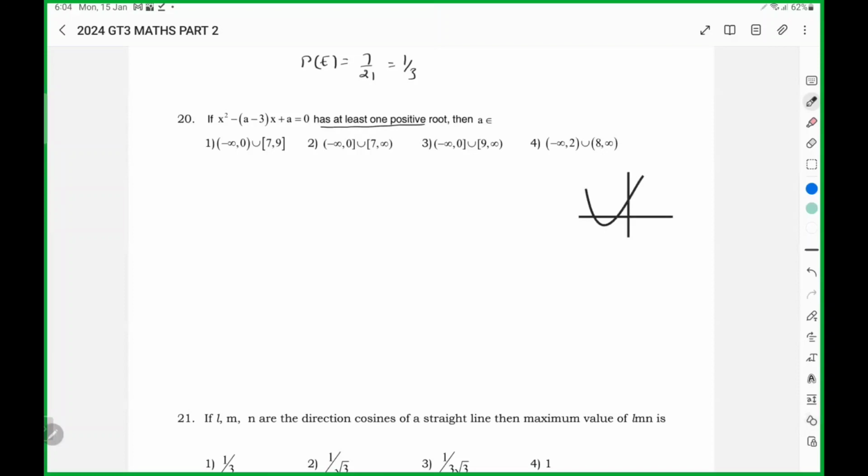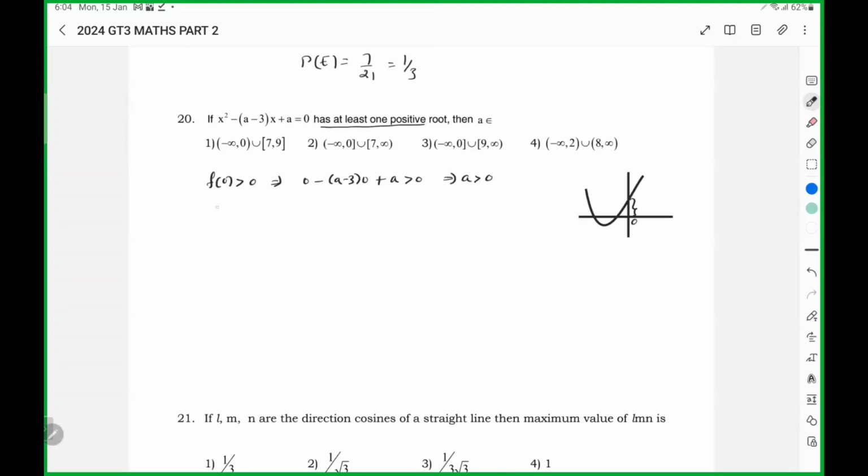So for what values of a are both roots negative? If both are negative, f of 0 will be positive, that is 0 minus a minus 3 into 0, a greater than 0.